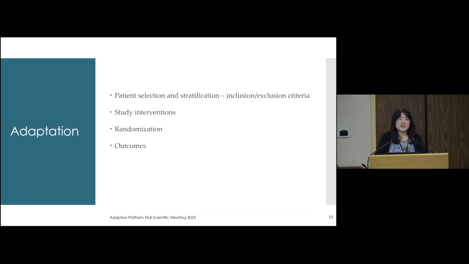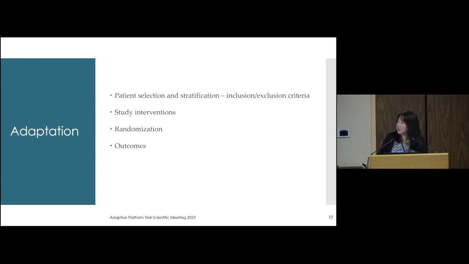So what can you adapt? Pretty much anything. You can adapt the patient selection criteria, the stratification, and the inclusion and exclusion criteria. You can adapt the study interventions: after you finish a couple, you might think, how about intervention X, can it work in this area?